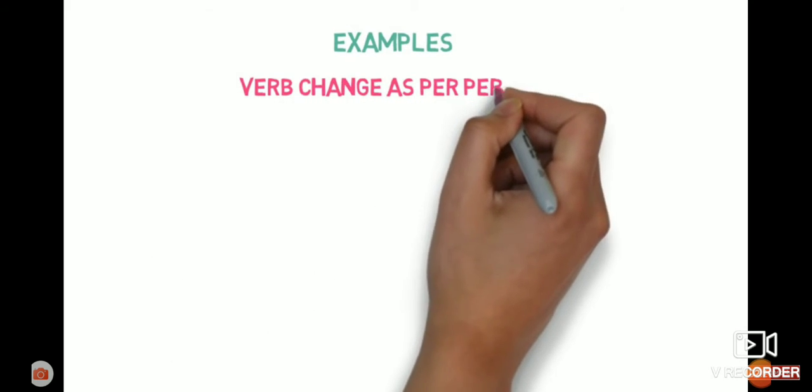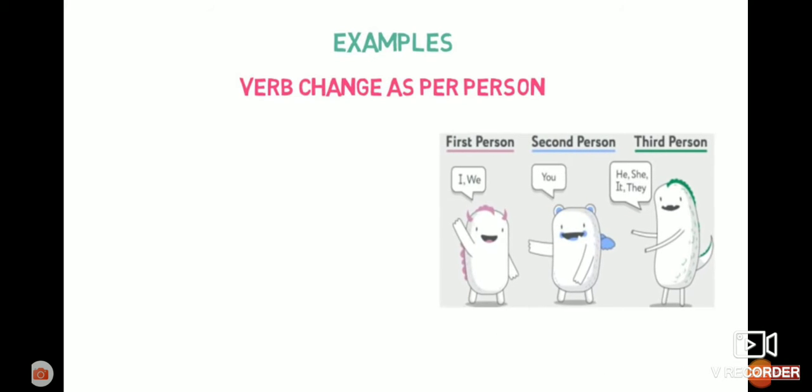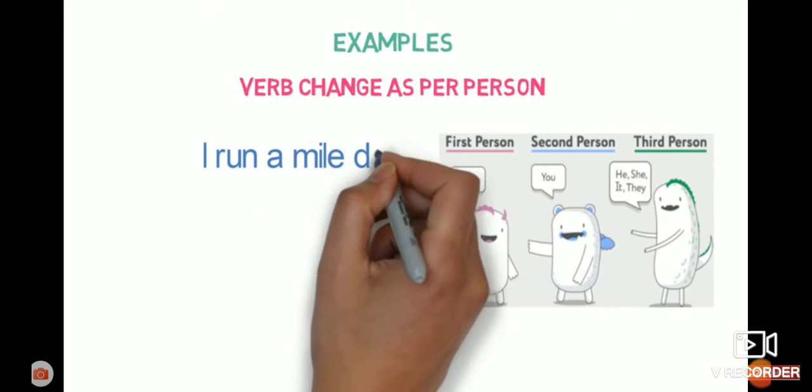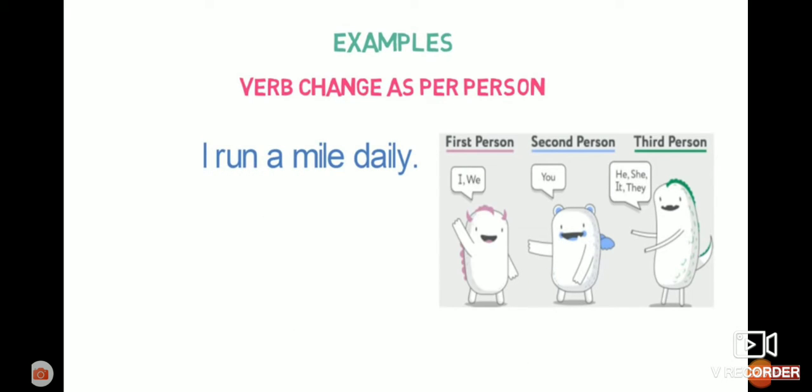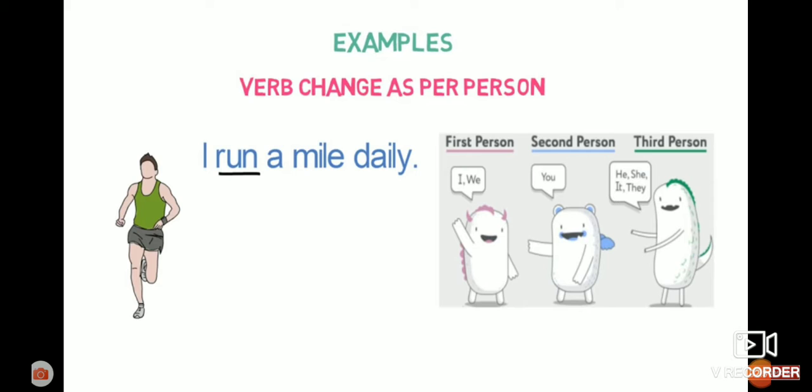Now that you are clear how finite verbs change as per tense, let's look into the example of verbs that change as per person. That is, it changes as per the subject is in first, second, or third person. I run a mile daily. The subject I is in first person. Here the verb is run. Now let's look into another sentence. He runs a mile daily.